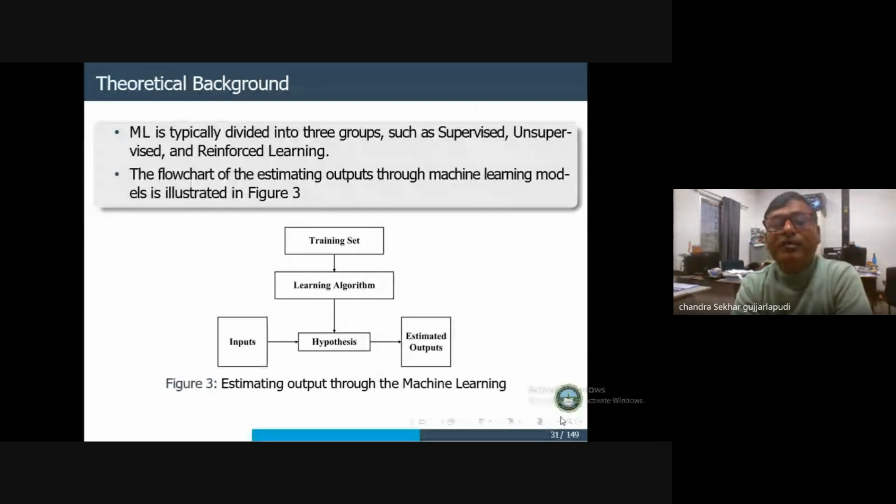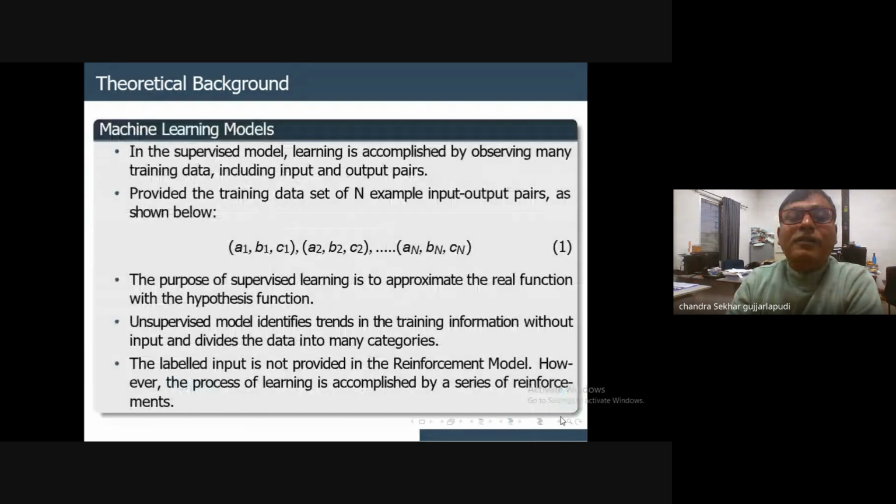Then we need some learning algorithm, and that learning algorithm will be utilized for training the model. After the training part, for any unknown input, we are able to get the estimated output. Okay, so this is the basic thing about any machine learning model.